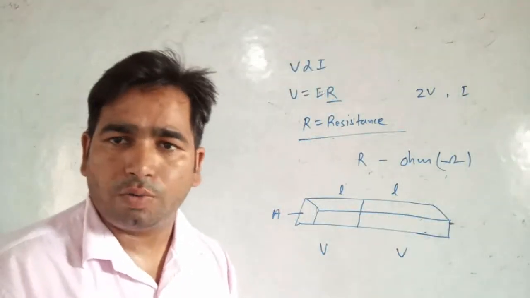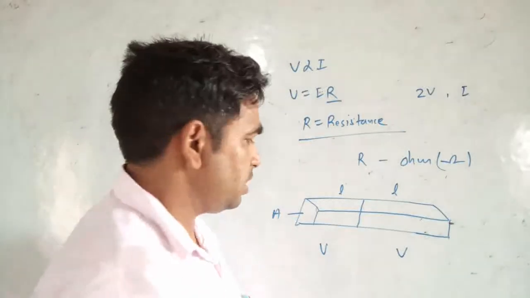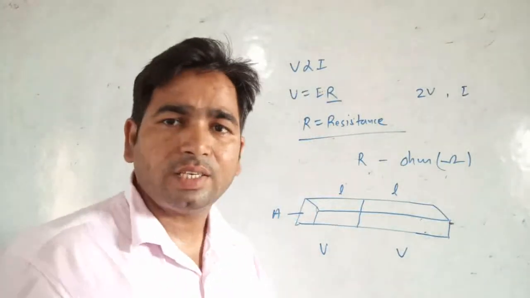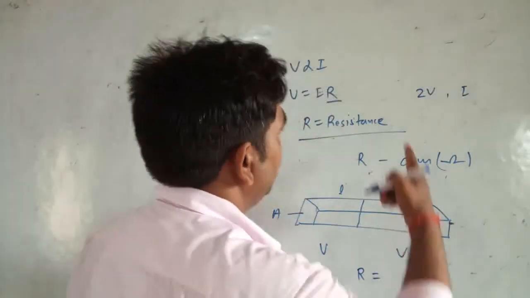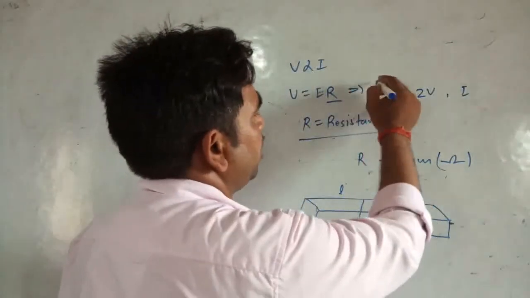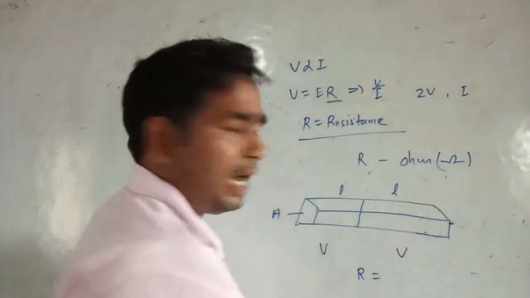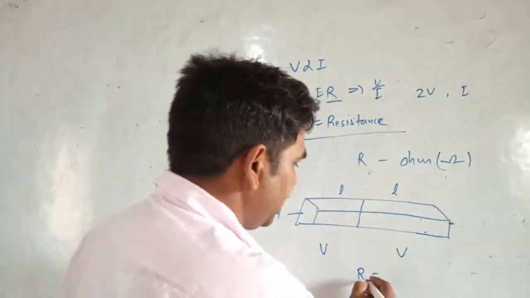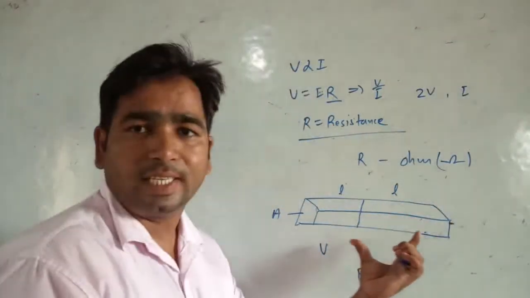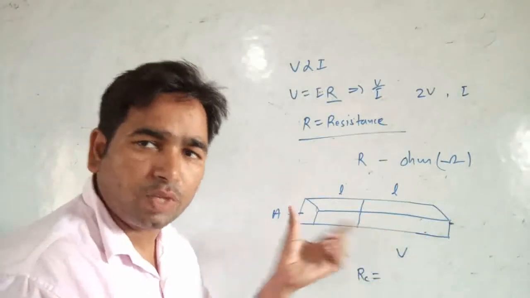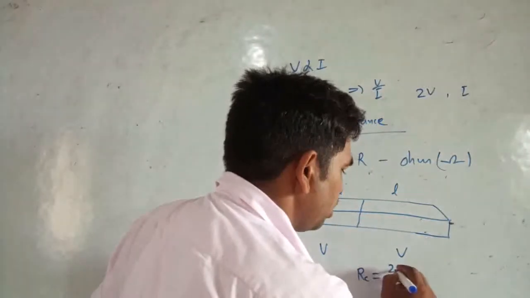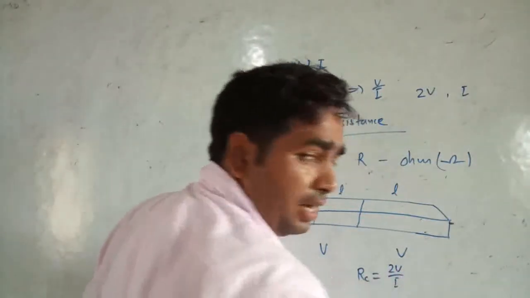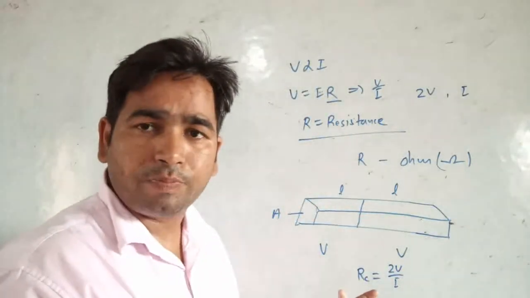Then we will find the resistance. Suppose the resistance is denoted by RC. Then R equals V upon I. For the combination of slabs, RC equals 2V upon I. Why 2V upon I?